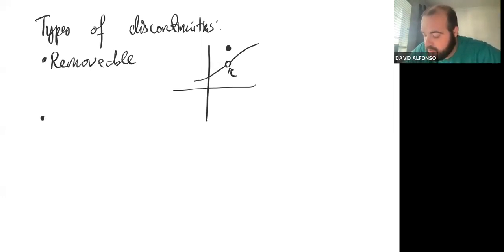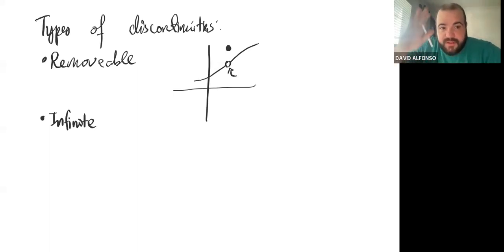Of course, you have your infinite discontinuities, which, what's an infinite discontinuity? Anyone remember? So it's where the graph splits and goes to infinity.